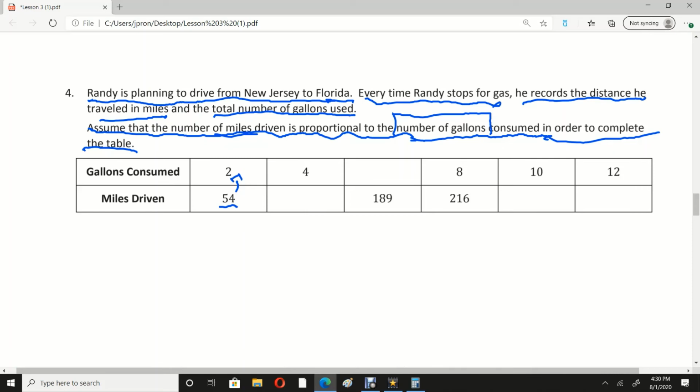I can't read. Okay, so it is proportional. It's telling you that. So you are going to assume that all of these are proportional, and I want you to finish filling out this table. Take approximately 90 seconds from right now and finish filling out that table.